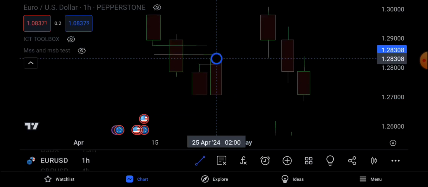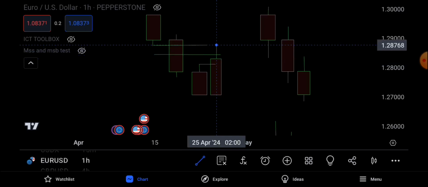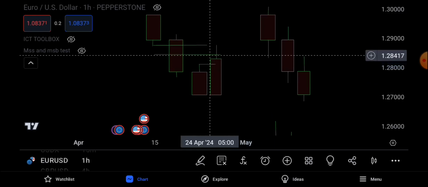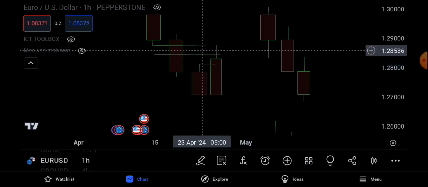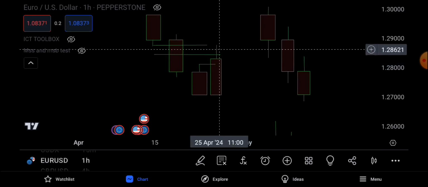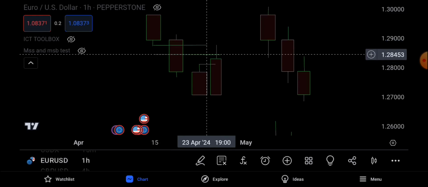So this is an example of a full fair value gap fill. It would look something like that. For as long as the candle body stays below the 50% line, this is valid. The moment the candle body closes above this 50% line, we must invalidate it. This fair value gap will not hold.